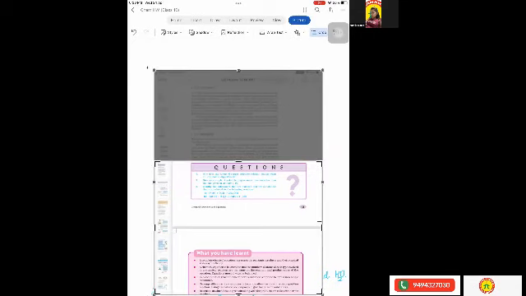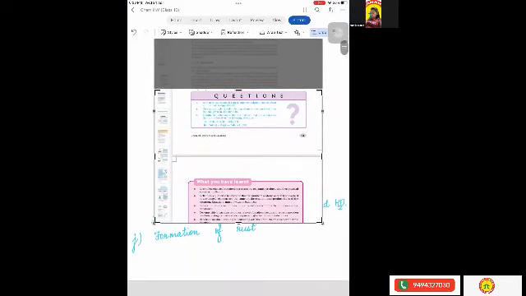Okay, children. First question on this page is, why does the color of copper sulfate solution change when an iron nail is dipped in it? Anija, we will start with you.